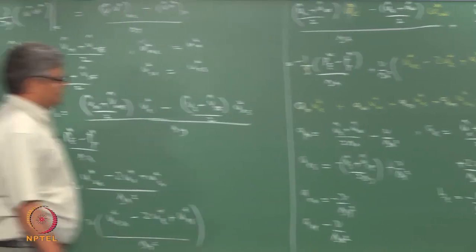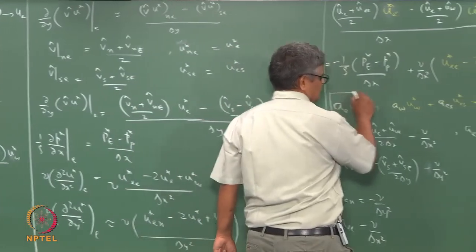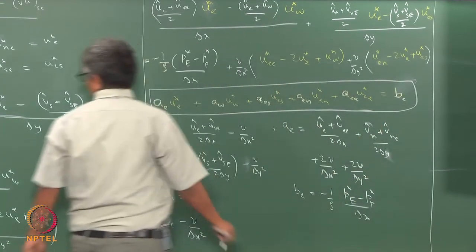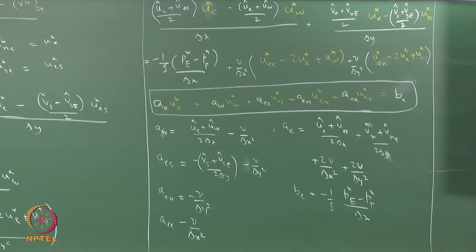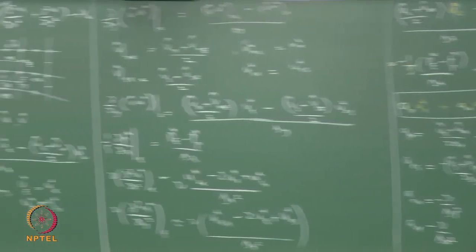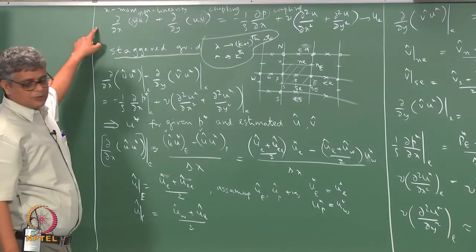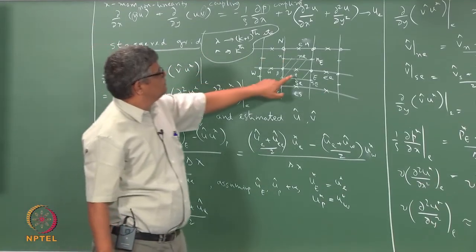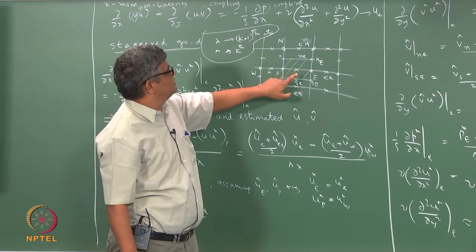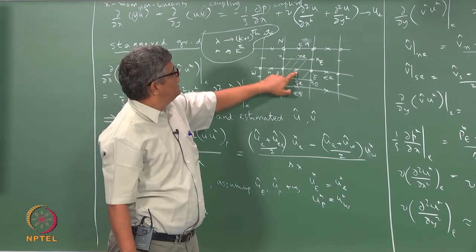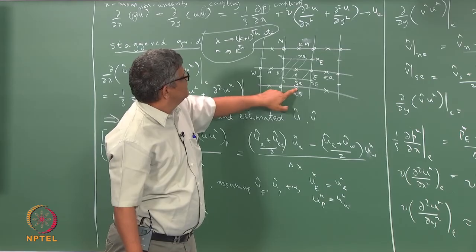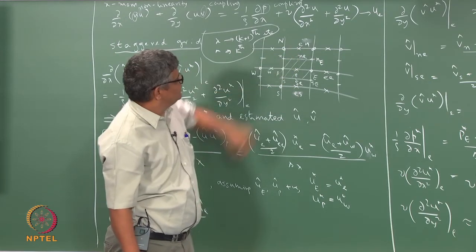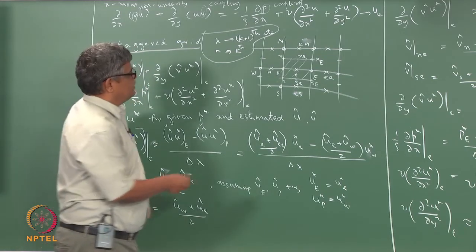So now we can say that we have discretized this x momentum equation on a staggered grid for the u velocity components at the center of this node and at the center of the surrounding nodes at which u is evaluated.